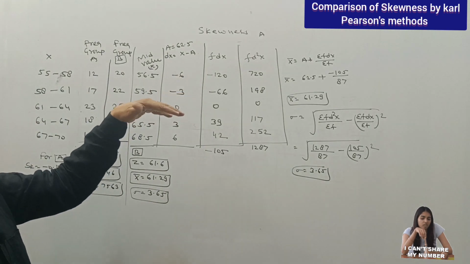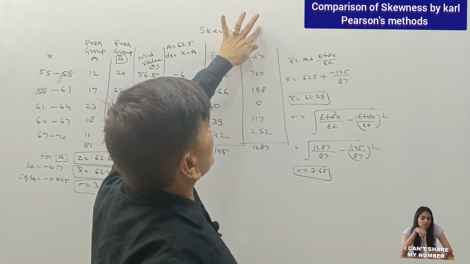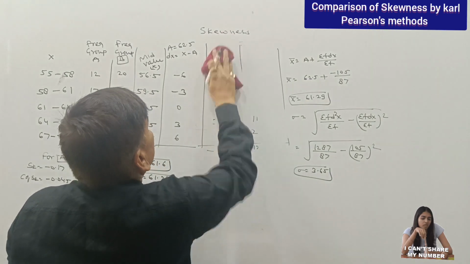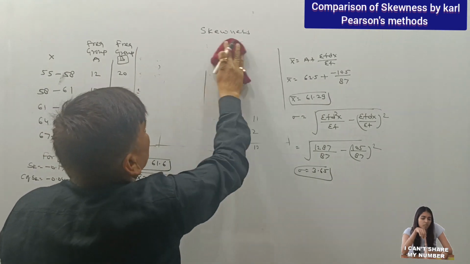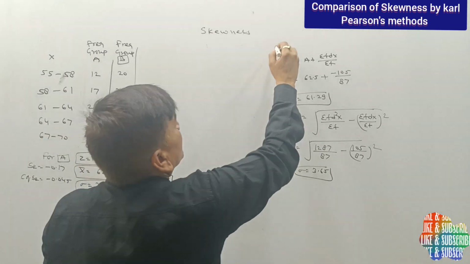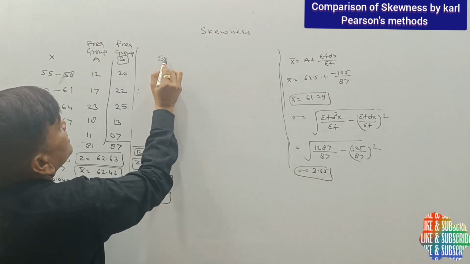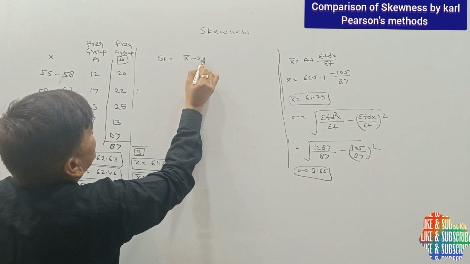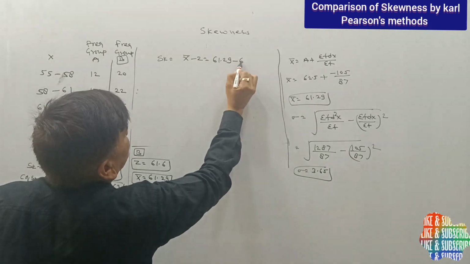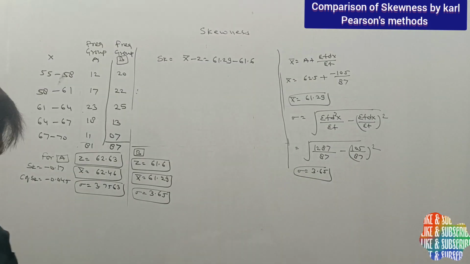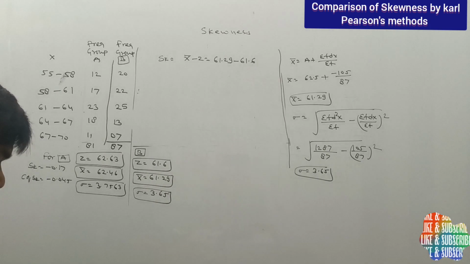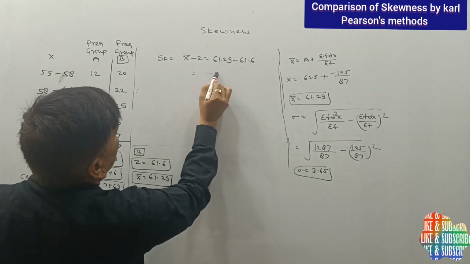Now we will calculate the skewness for B. We are using this space for calculating skewness for B. So skewness is x bar minus z, that is 61.29 minus 61.6, so minus 0.31.